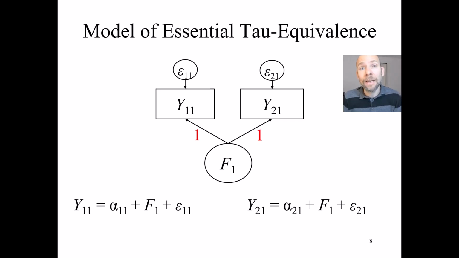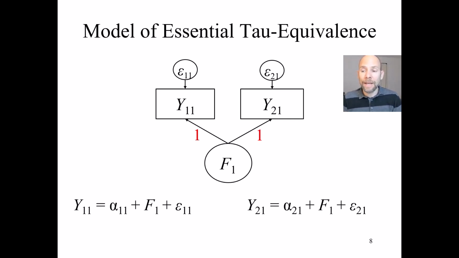But now it's clear because it's now measured in the same units as the number of sick days and the number of physician visits, so number of days, so to say, are the units of measurement of this latent variable. And so the idea is that we assume that two variables share essentially the same true score variable, essentially the same meaning with the same loadings, and that the measurement error variables are uncorrelated with one another. And then we have a model of essential tau equivalence.